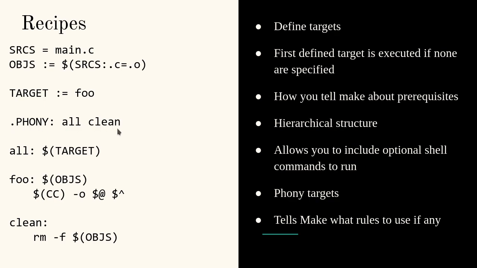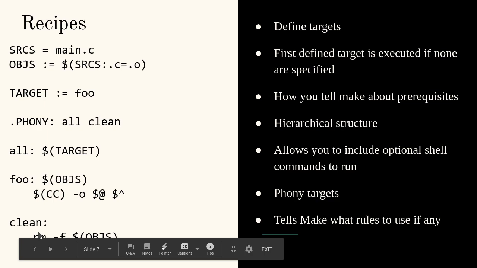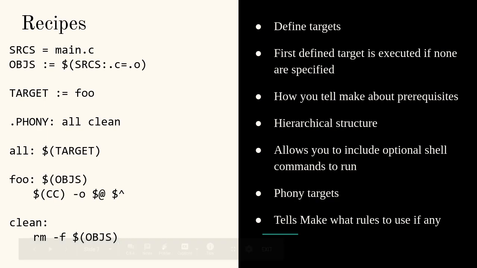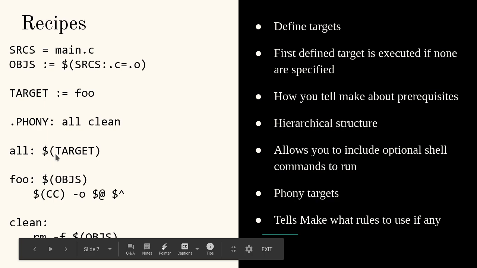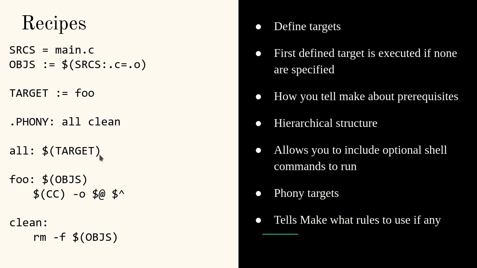So in this case, all, because it doesn't create a file called all, and clean, similarly, doesn't create a file called clean. We declare them both as phony, just so that Make knows that it doesn't have to worry about creating a file.